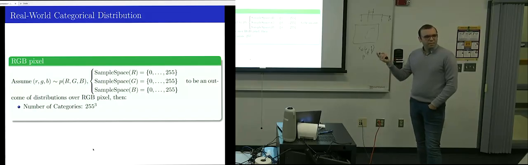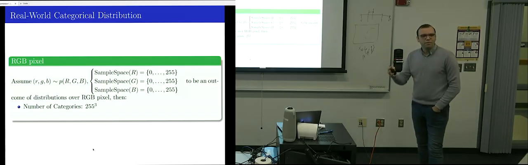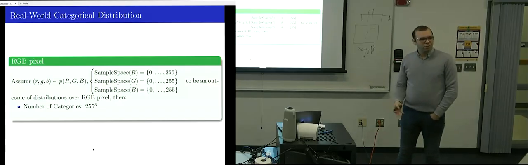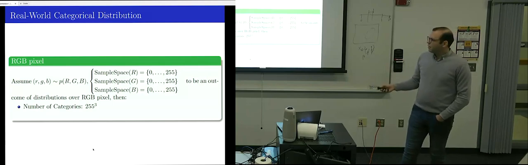For one pixel, it is to some extent tractable, but for a total image, which is, for example, 1000 by 1000, it becomes really intractable. And the number of parameters to model this category is this value.